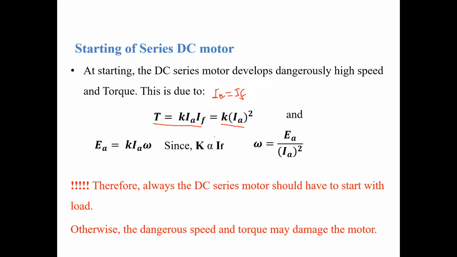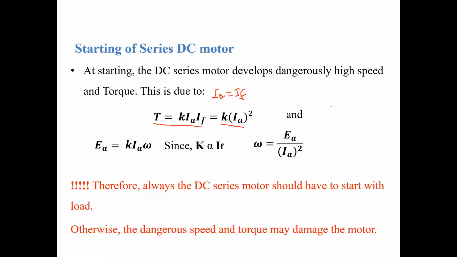Now look at it. At the starting of any motor, the starting current is very high in normal circumstances. It is up to 200 to 500% of the rated current. Now look here, I_A is squared.